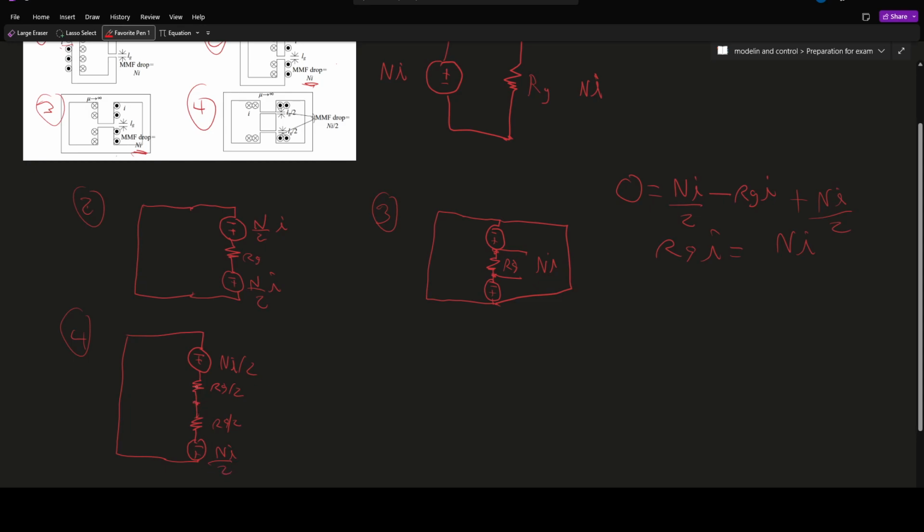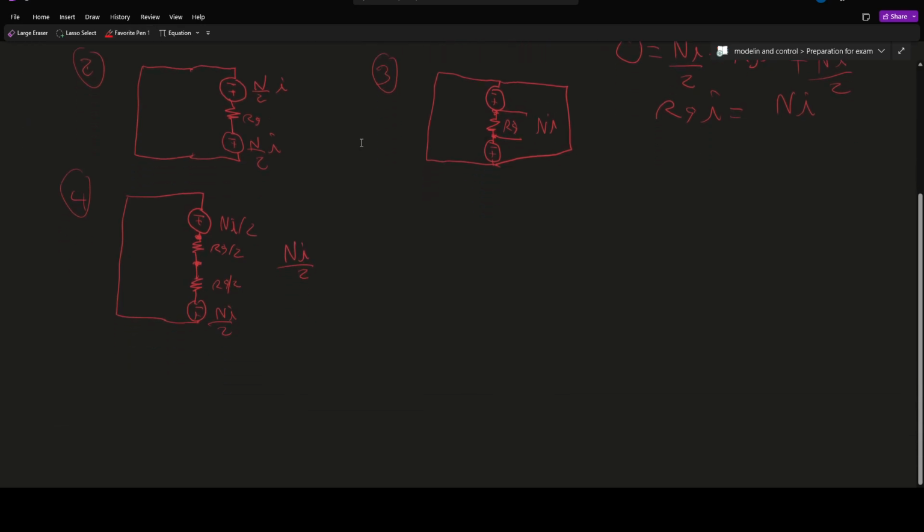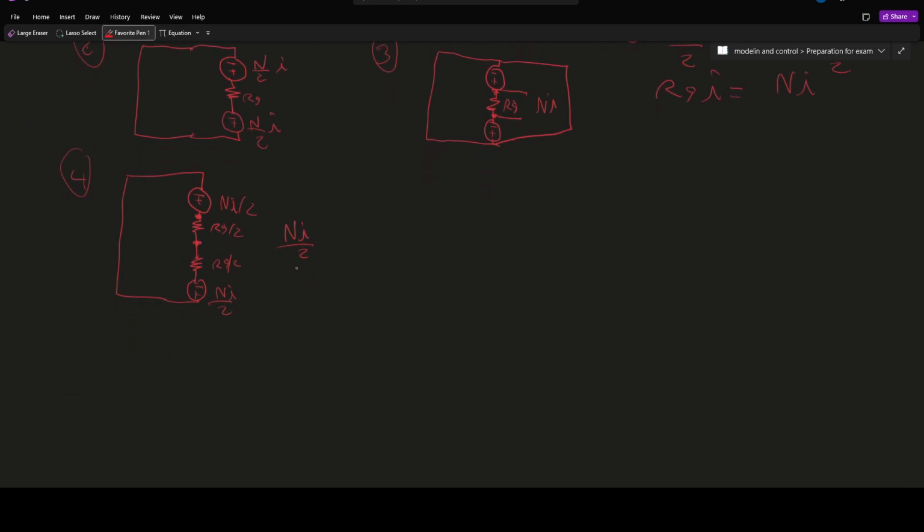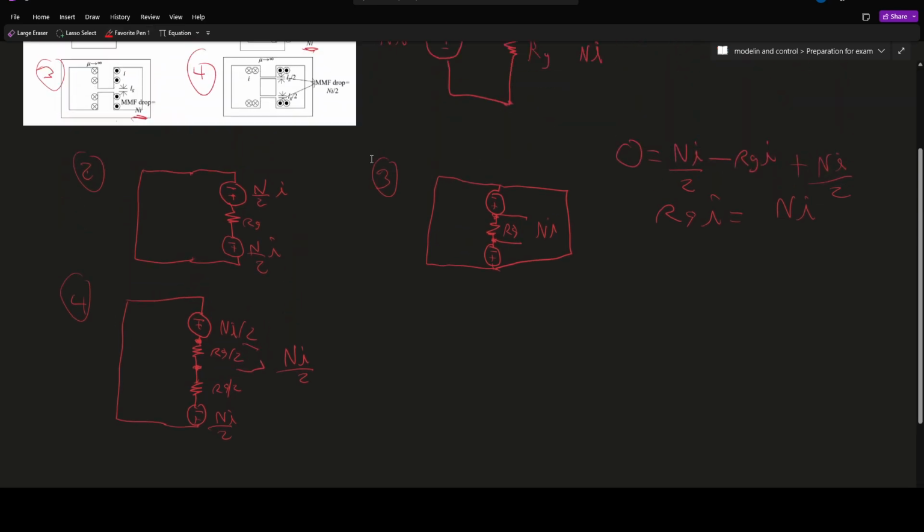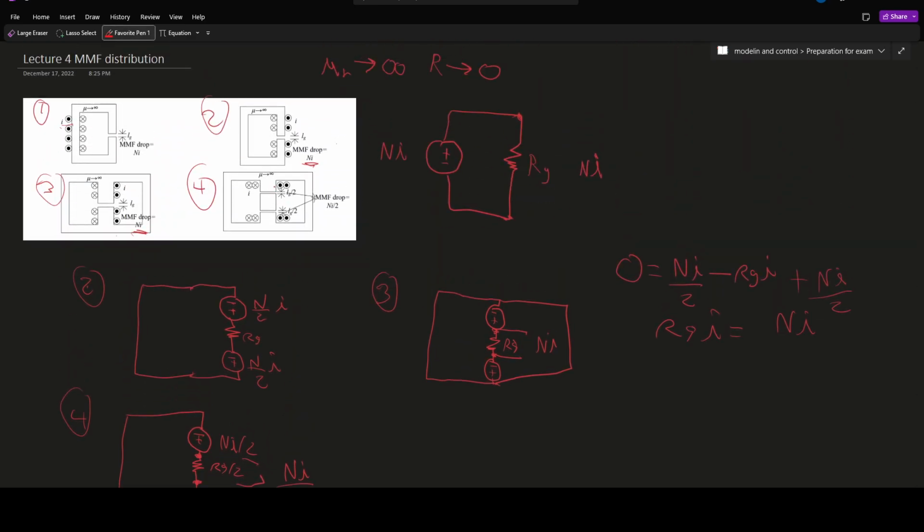So now if we measure the drop in just one reluctance, it's gonna be Ni over 2 because it's half the reluctance, and these two are equal, so we have Ni over 2 as a drop in this air gap. The drop is going to be the same in both of them.